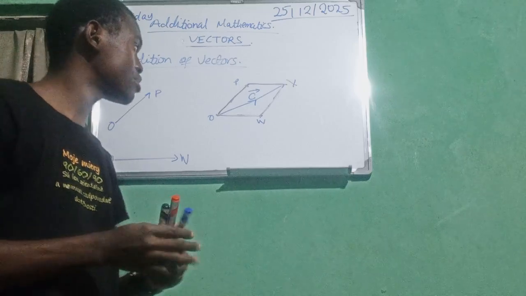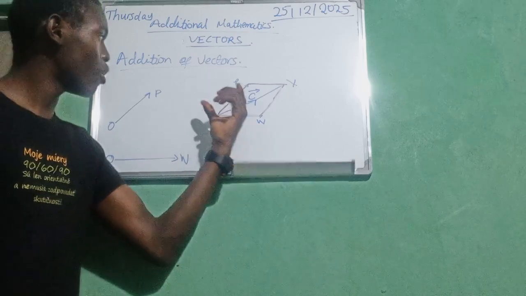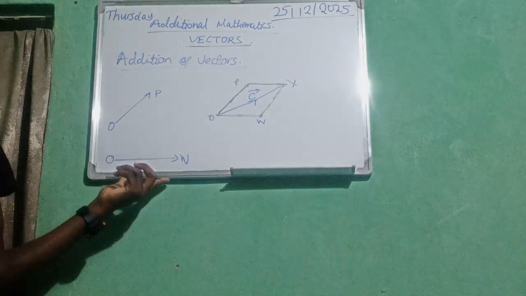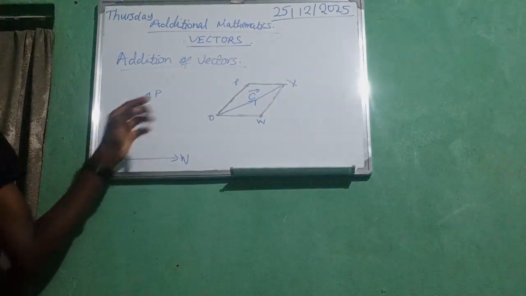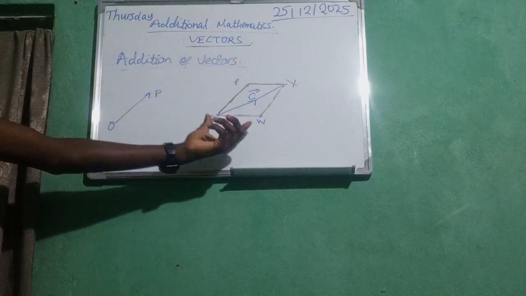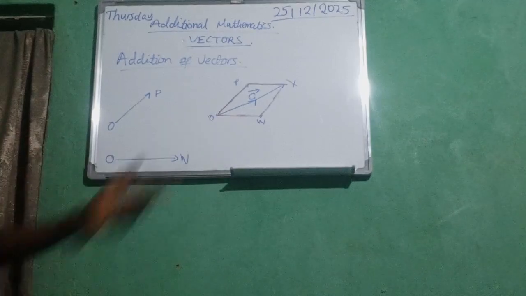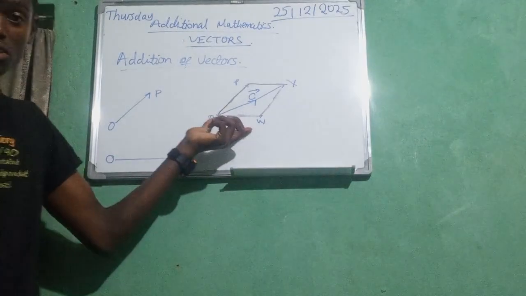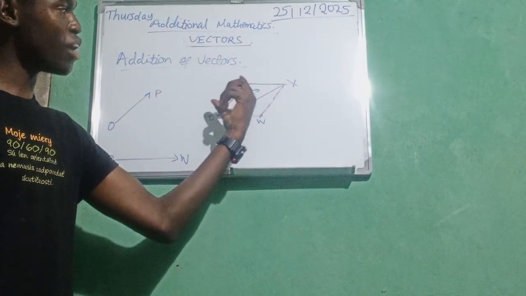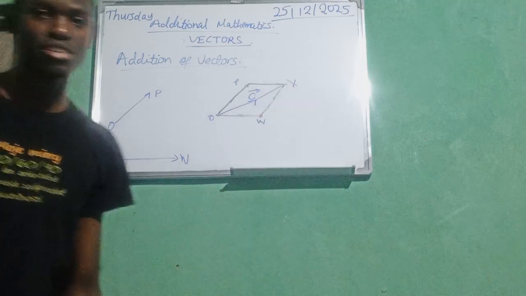Recap of what we have learned. OP was like that, OW was like that, OP was brought there, OW was brought down there, OW was brought up here also, OP was dragged same length there.